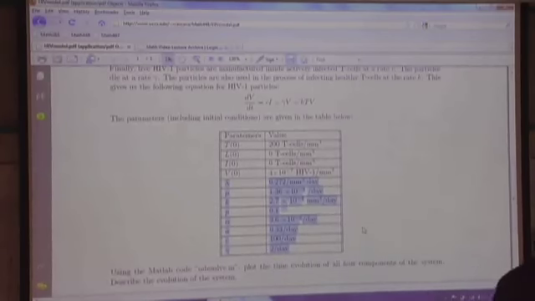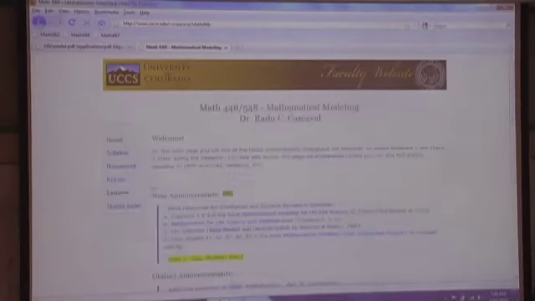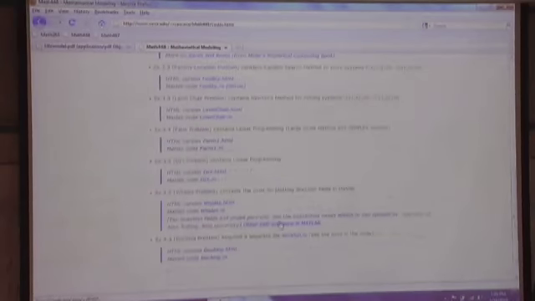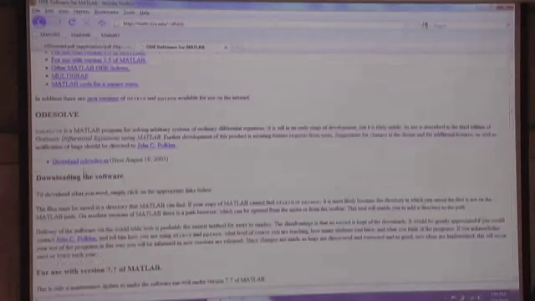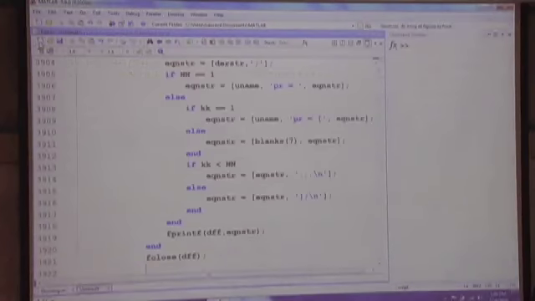a GUI, there is the same place as p-plane and direction field. If you go to this website at Rice University, ODSolve is, I might have shown you this, but if not, it's the same as p-plane.